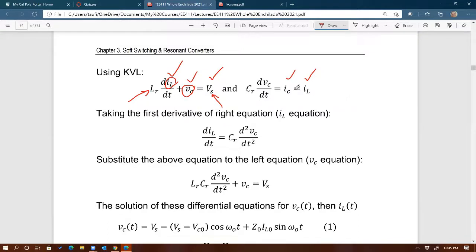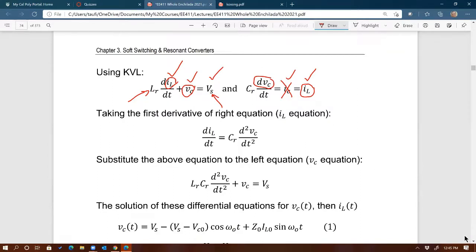There's only one loop. And IC, as you learned from 211, is equal to C dVC/dt. So now if I substitute this IC, I have the second equation needed to solve for IL and VC. Now I have two differential equations, two unknowns.